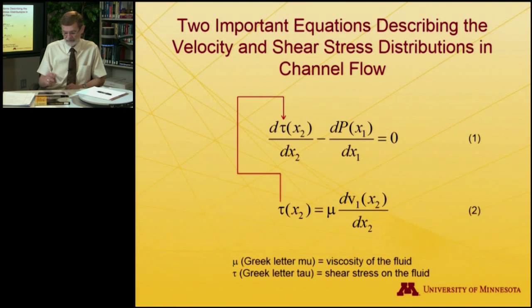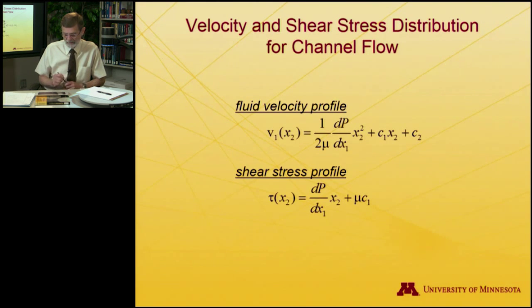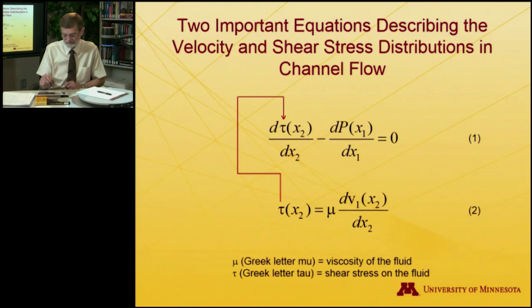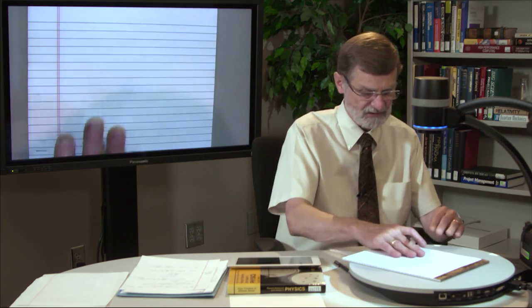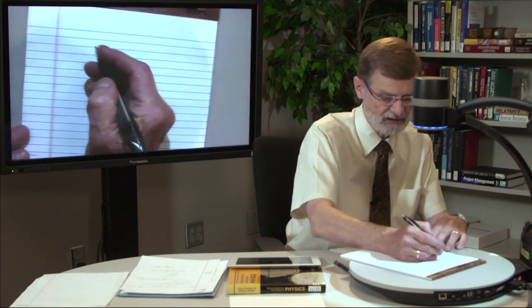And now we'll have an equation that relates the velocity in terms of the pressure gradient. So let's start there. I'm going to move back over to the other screen. We'll do a bit of math, and then we'll come back and we'll have a nice expression for the velocity as a function of position and the shear stress as a function of position.